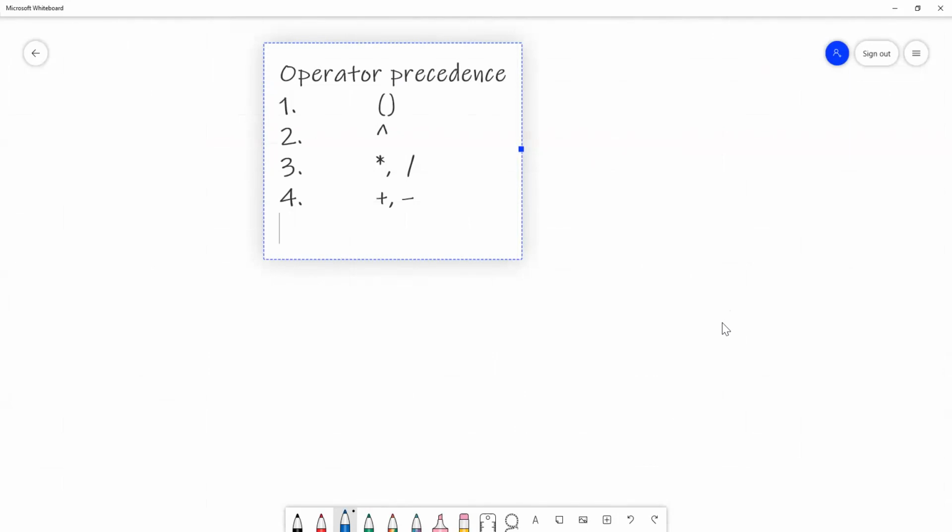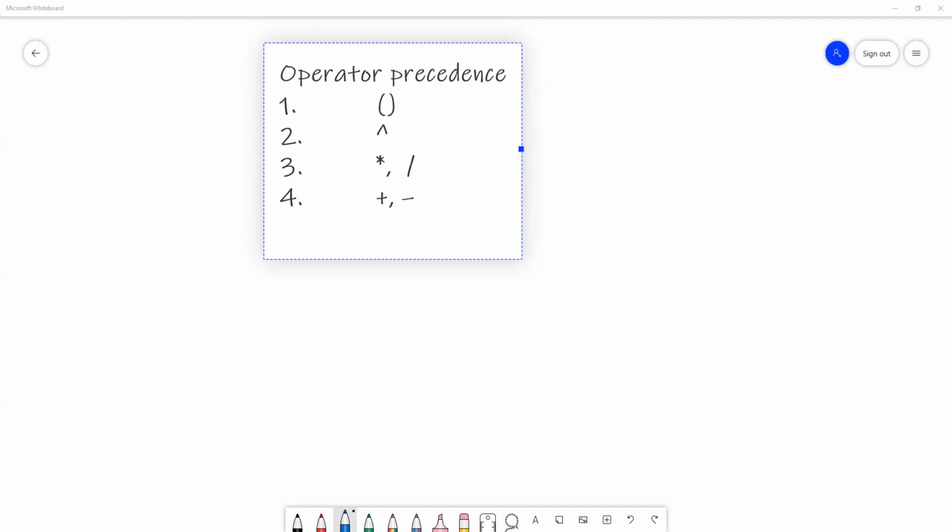Right? So first of all, you should work on this. But if you have multiplication and division, which one are you going to do first? Multiplication or division? Yes, Malindu? Division.